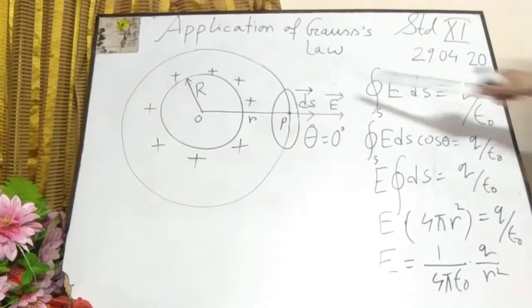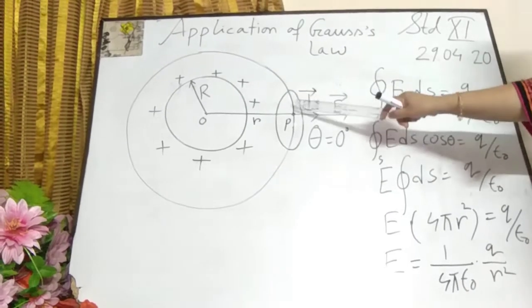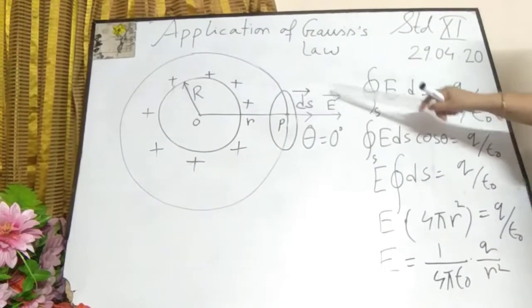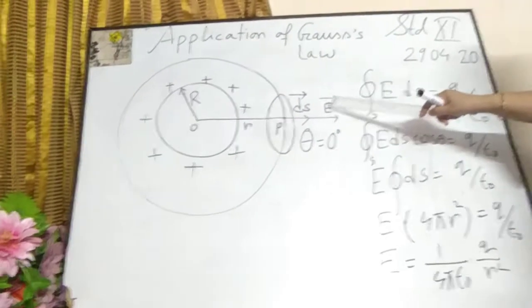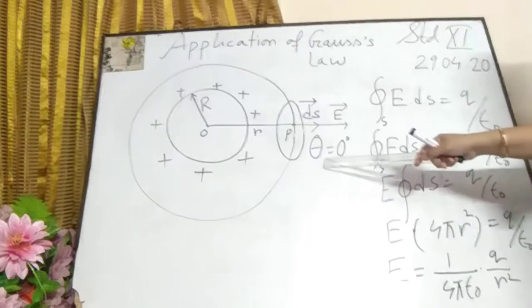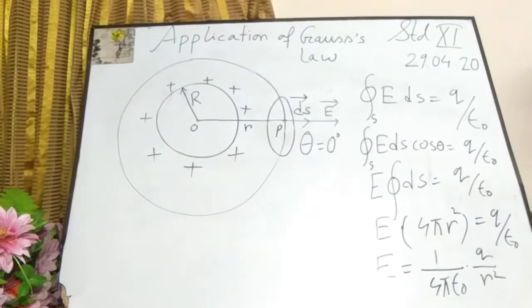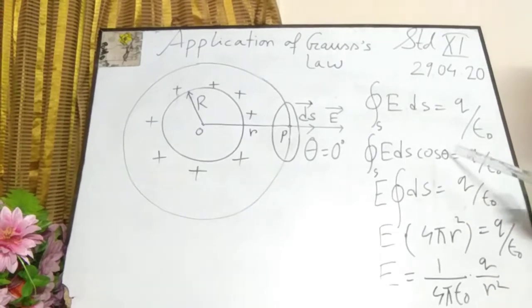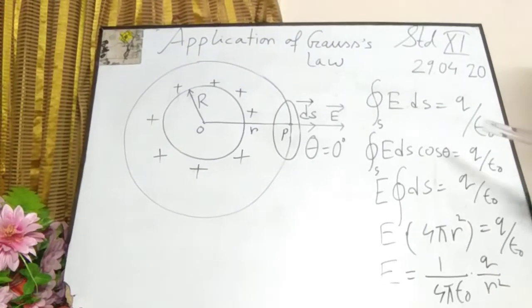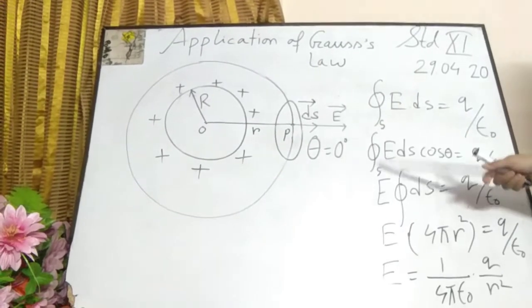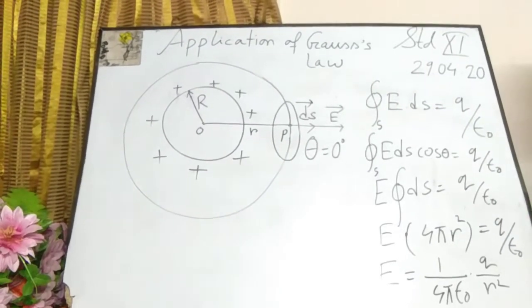Here the direction of the area vector and the direction of the electric field vector is along the same line. So the angle between them is what? Theta equal to 0 degree. So E dot ds can be written as E ds cos theta. If theta is 0 degree, then cos theta equal to 1. So we can write closed surface integration of E ds equal to Q by epsilon naught.